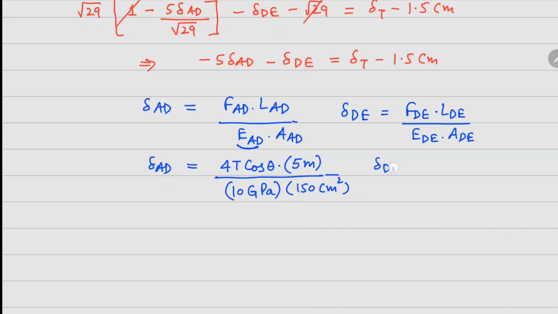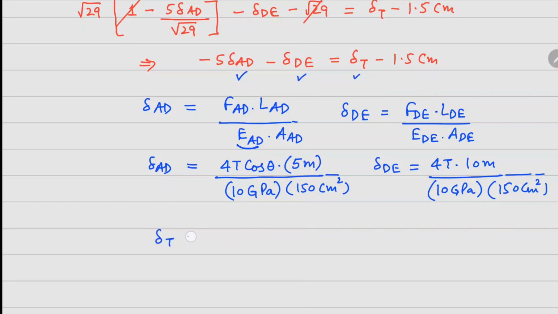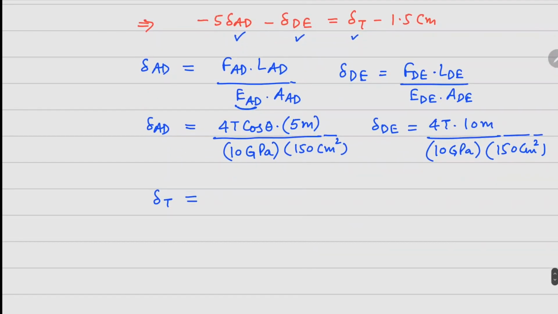Similarly for delta DE, this force is 40, length for this is 10 meters, E is 10 gigapascals, and area again is 150 centimeter square. So now this one is done. Now delta T here, which is your deformation in the cable because of tension.